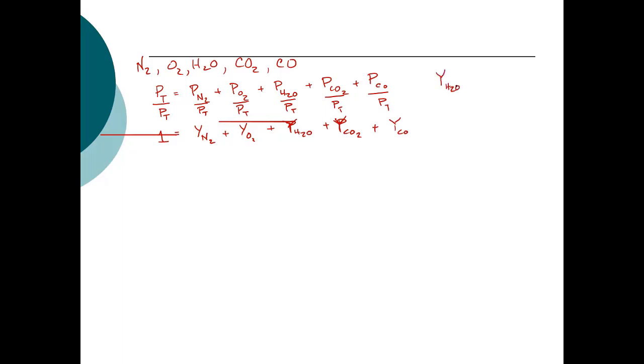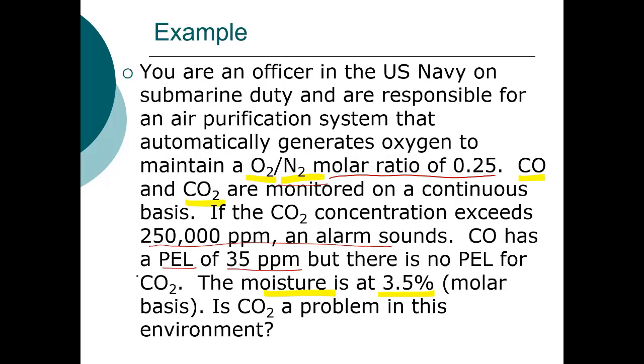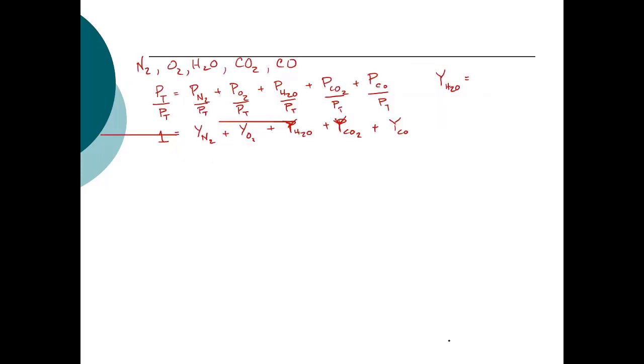Now, the mole fraction of water vapor is equal to what? 3.5%, or 0.035. If the alarm goes off, the mole fraction of CO2 is equal to, so it was 250,000 parts per million. That is equal to 0.25.